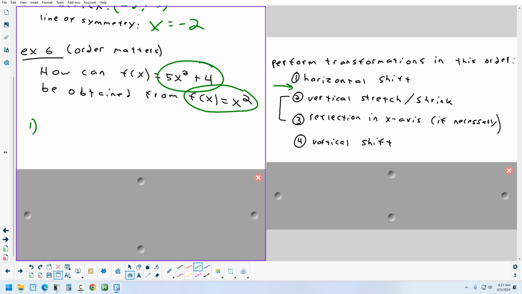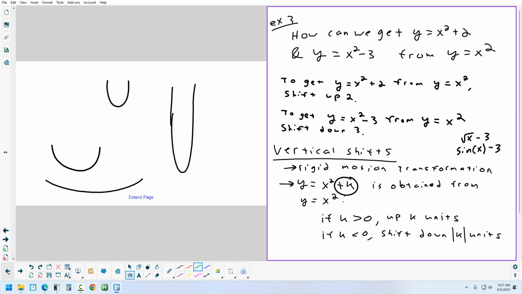Ryan, do I have a horizontal shift in this problem? Yes. Okay, tell me what number is the horizontal shift. 4. Let's go back and look at horizontal shift.